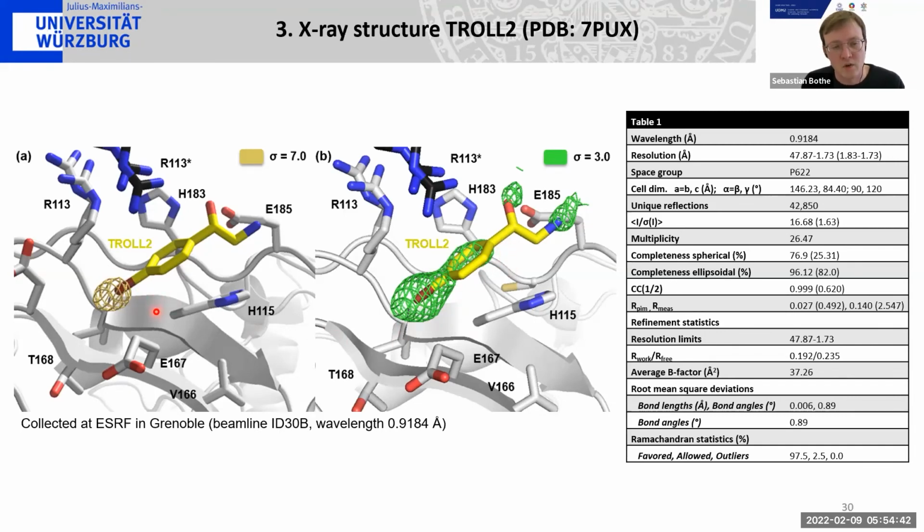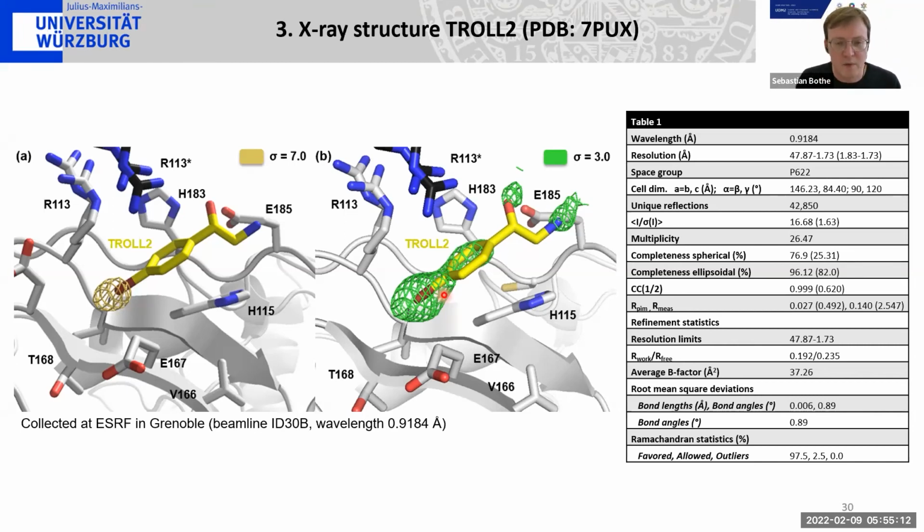But because we only found this very significant anomalous signal of the bromine in the co-crystallized crystals with TROL2 and not in the apo structures, which we checked for, we think that this significant signal shows that TROL2 binds to this binding region. And one interesting thing is also that the binding region is the same binding site which is postulated by the MD simulations.